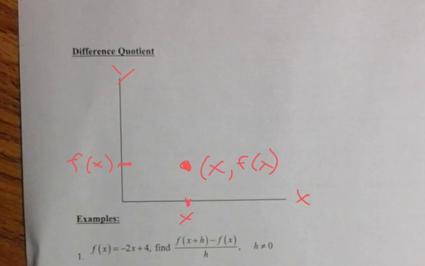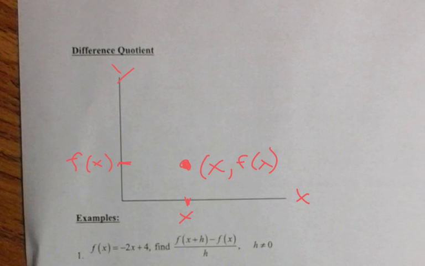Now we're going to travel along the x-axis right here at a distance of h, so that this point now becomes x plus h. Then my corresponding y value up here would be f of x plus h.